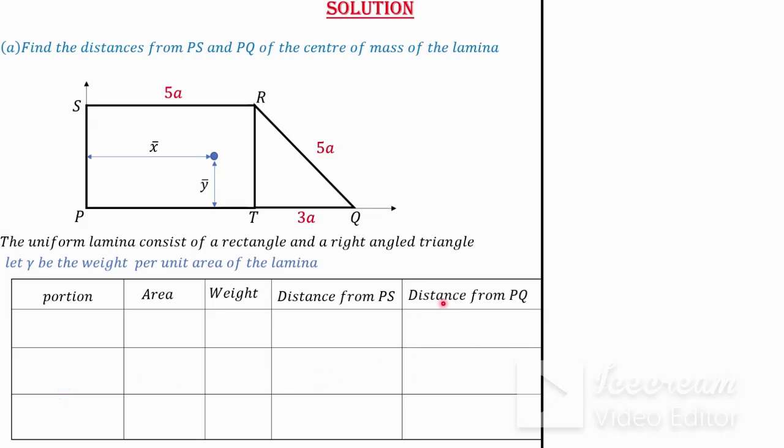We also consider the distance from PQ of the different portions, that is the distance from PQ of the rectangle and the distance from PQ of the right angle triangle.